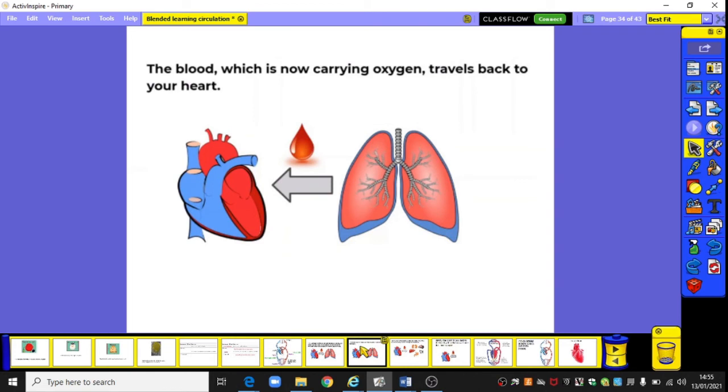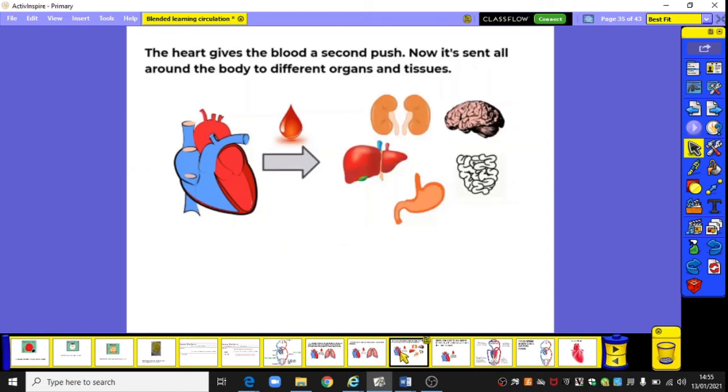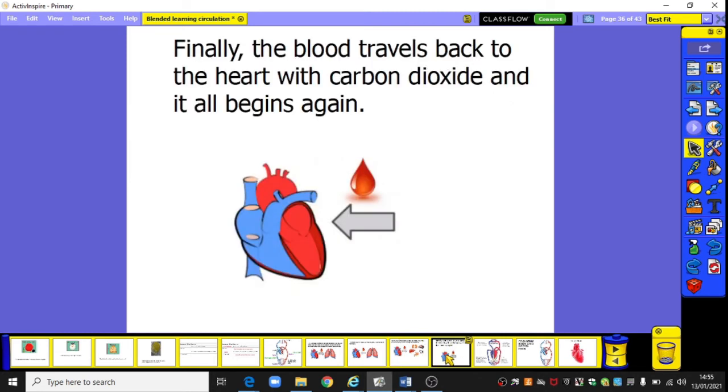The blood, which is now carrying oxygen, travels back to your heart. The heart gives the blood a second push. Now it is sent around all the body to the different organs and tissues that need it. Finally, the blood travels back to the heart with carbon dioxide, and it all begins again.